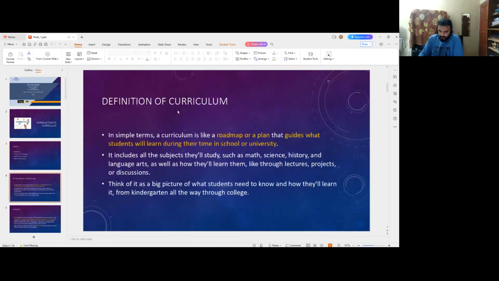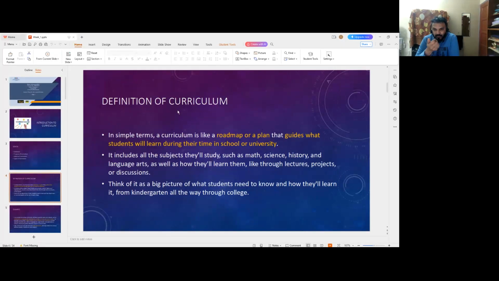Many scholars have voiced different definitions of a curriculum. In simple terms, a curriculum is just like a map. I'm sure you are very familiar with maps, whether Google Map or whatever.